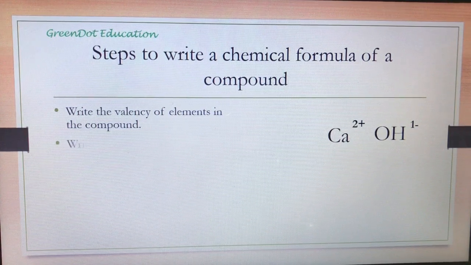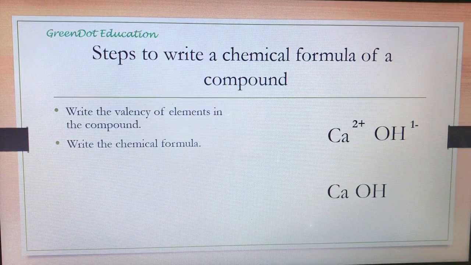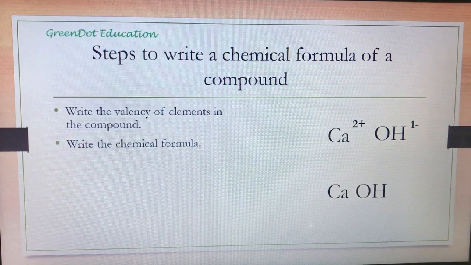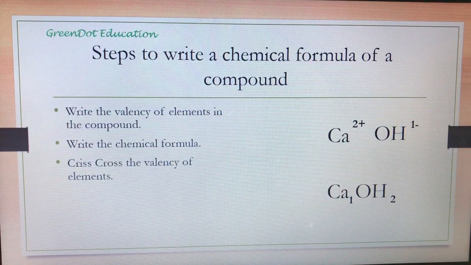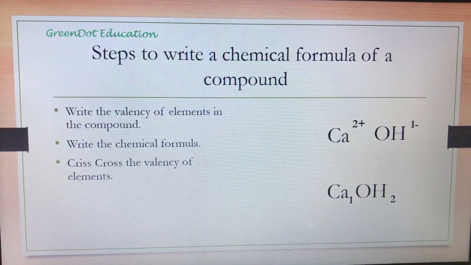Then we write down the chemical symbols in the form of a formula. Right after writing them, we crisscross the valences of the elements. That is, calcium has 2 plus charge, so that is moved to the hydroxide ion, and the minus 1 charge of the hydroxide ion is placed as a subscript for calcium.